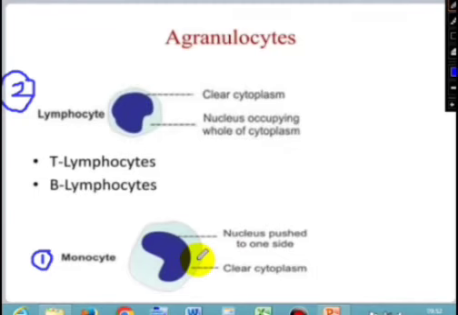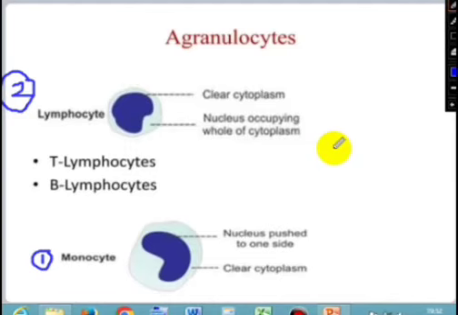Okay? The cytoplasm of monocytes does not contain fine or coarse granules, so it is clear. Is that taken? And then the other one is the lymphocytes.